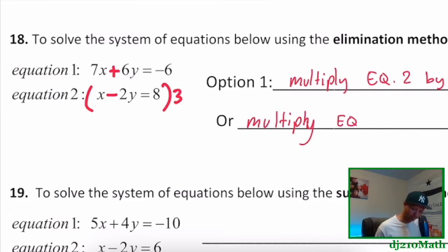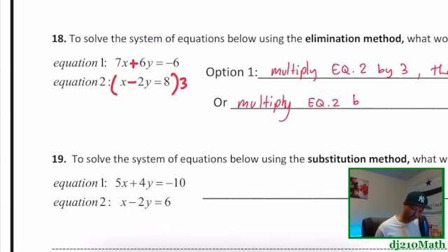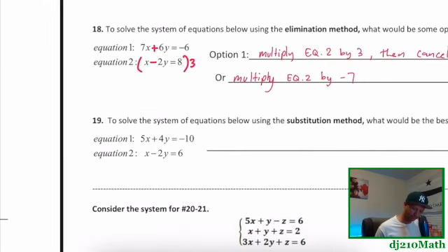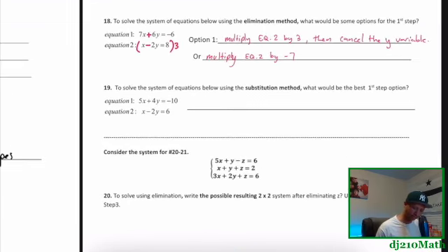So equation 2 by -7. And then cancel out the x. So we're going to, quotations, copy the thing above. Copy. Cancel out the x variable.